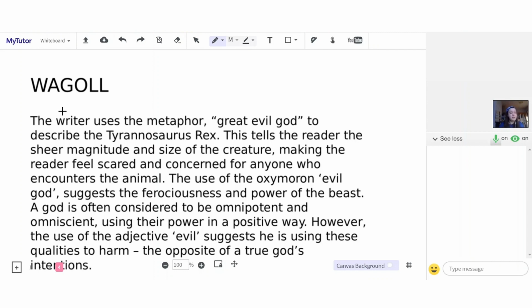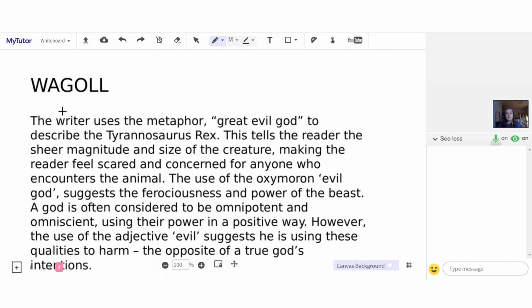I've talked about how the reader feels as well, so that's another tick in the box. The use of the oxymoron, so I'm now talking about another feature and I'm extending my analysis. I'm showing that I understand and that I have a wide range of language devices that I can identify. "Evil God", evidence, suggests the ferociousness and power of the beast. Then I take this further, and this is the in-depth analysis that gets you the higher mark.